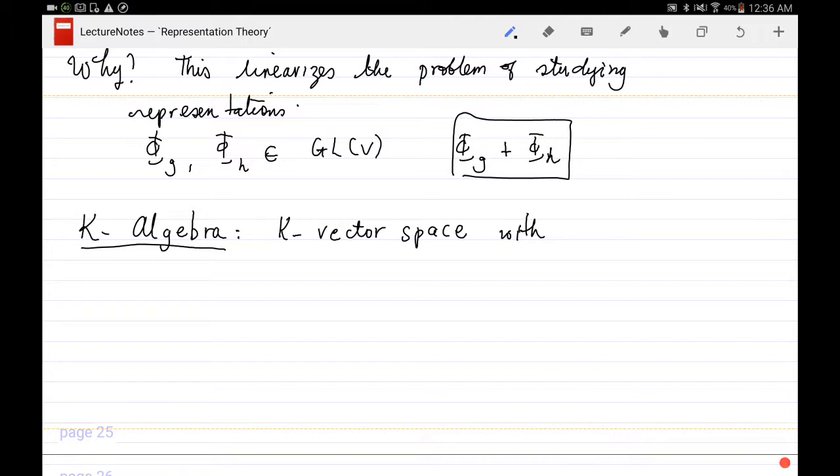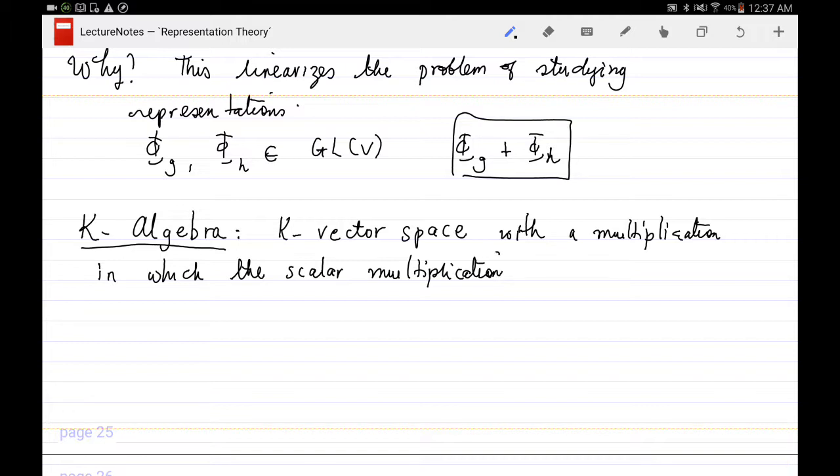It's a K vector space where we can also have a multiplication, in which the scalar multiplication commutes with the ring multiplication.